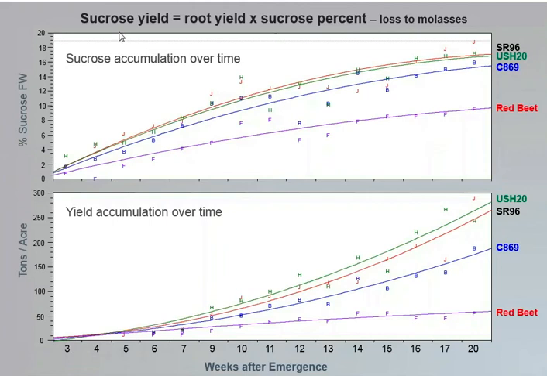So what we're looking at is the yield of sucrose is equal to the root yield per unit area and the percent sucrose. And that's minus whatever loss to molasses.